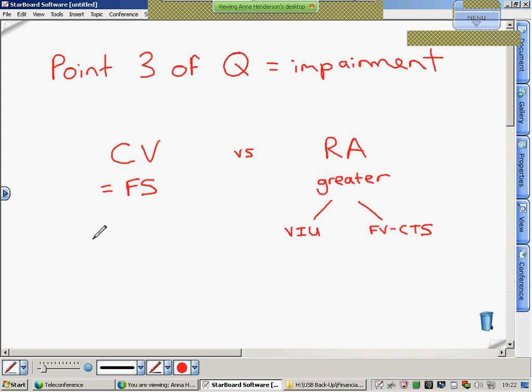What we've got is the carrying value. Look at point 3 in the question, the cost of the asset, 200,000.